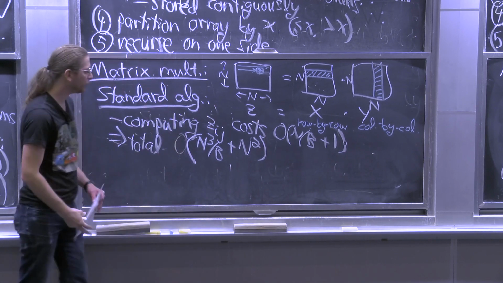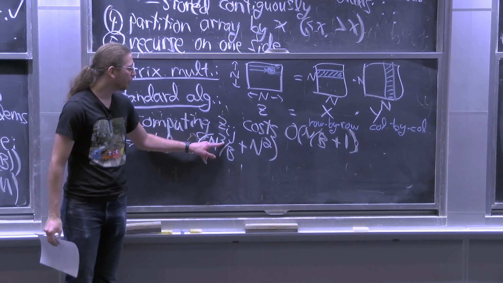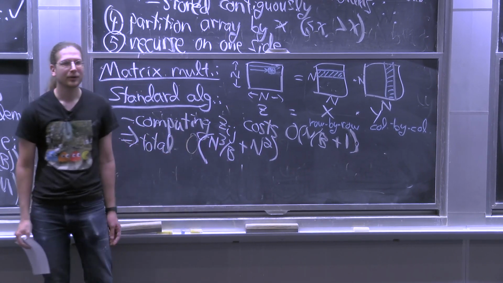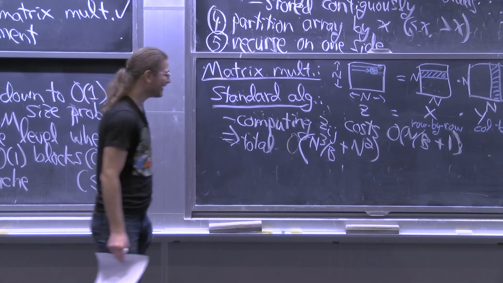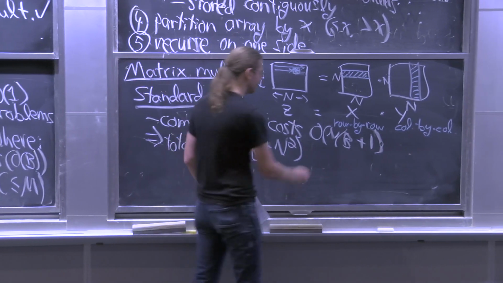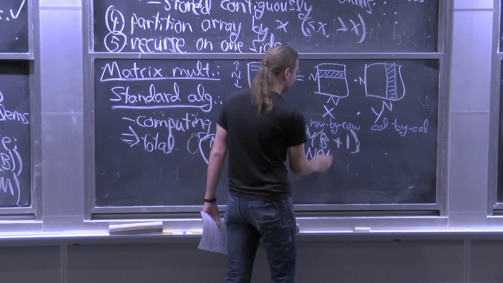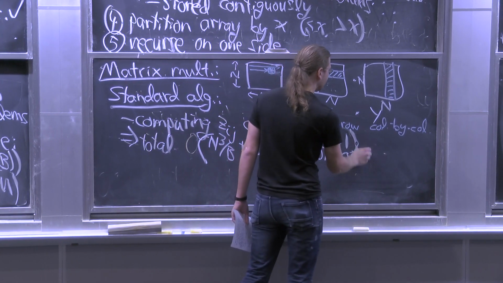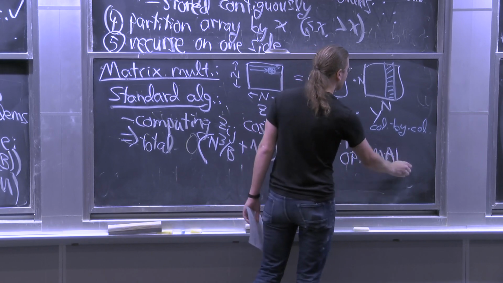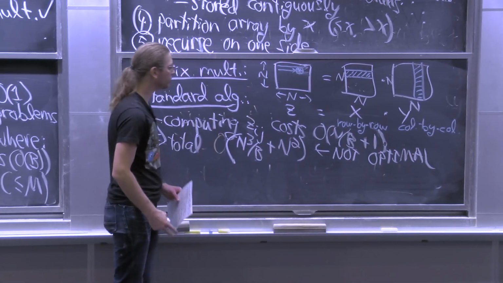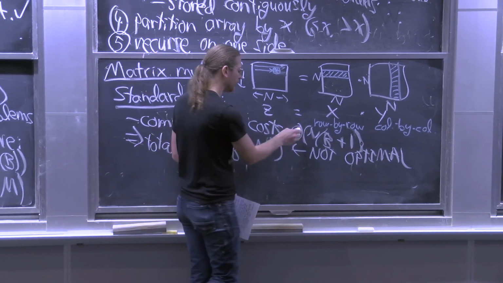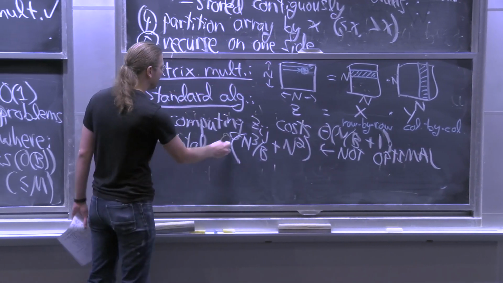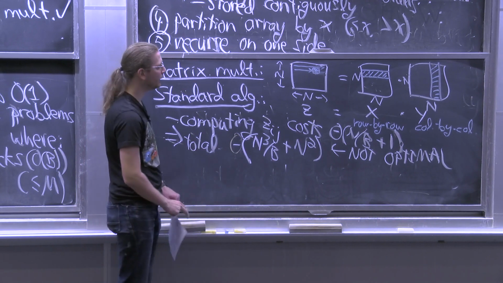Seems pretty good. We had a running time of n cubed before, and we divided by B. How could you possibly do better? Well, by being smarter. This is not optimal. You can do better. It's not obvious, but let me just spend a little more time convincing you this is the right answer. Not only is this big O, but for appropriate settings, in the worst case, this is going to be theta.